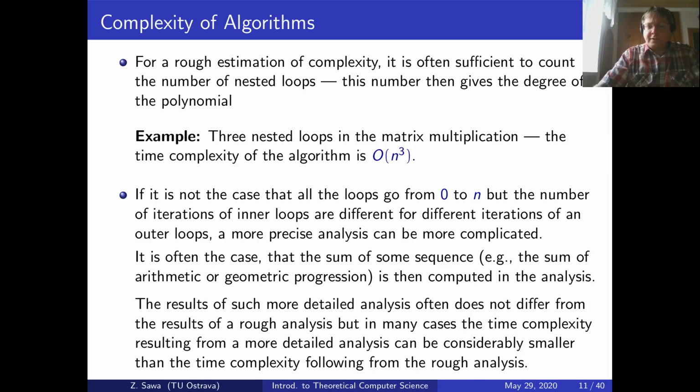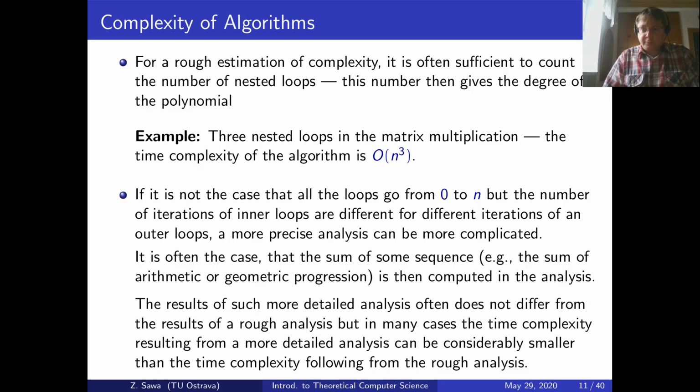Of course we can do some rough estimation if we are quite sure that none of the loops will be performed, for example, more than n times, and we would have 3 nested loops. So it's clear that we have this upper bound, that the real time complexity is big O of n to 3, for example. But if the real number of iterations could be smaller, then in fact the real complexity could be smaller.